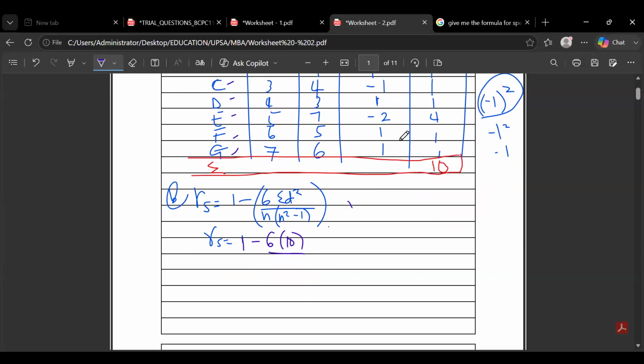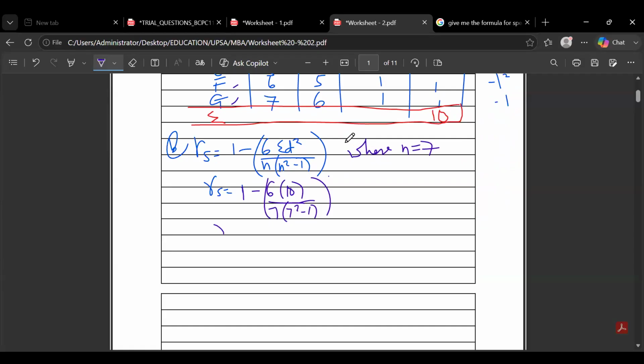So we can say that N equals 7. So 7 into bracket 7 squared minus 1. So RS will be equal to 1 minus 6 times 10, which is 60, over the bottom.